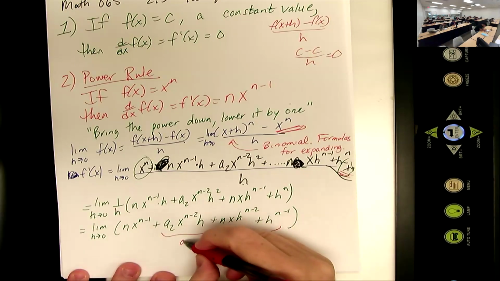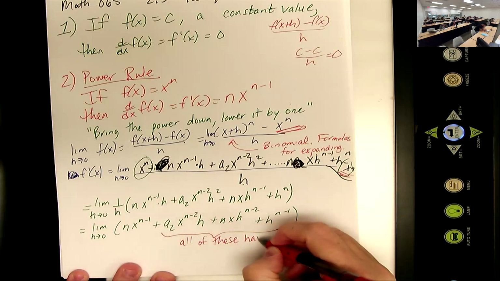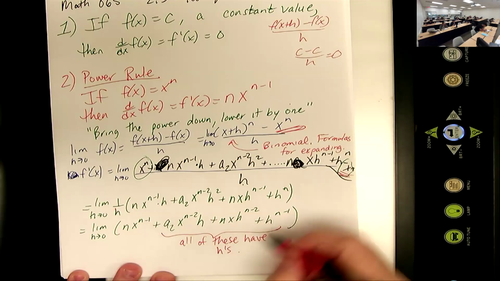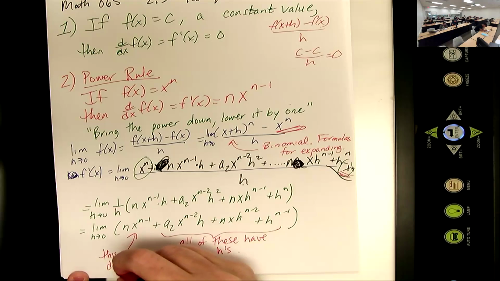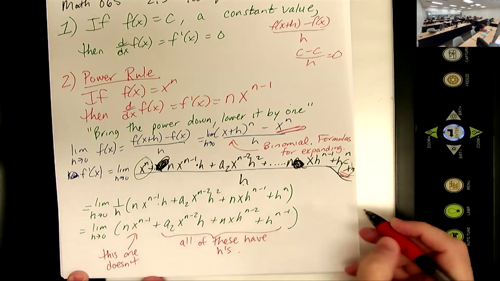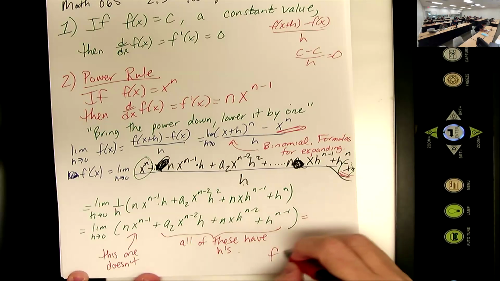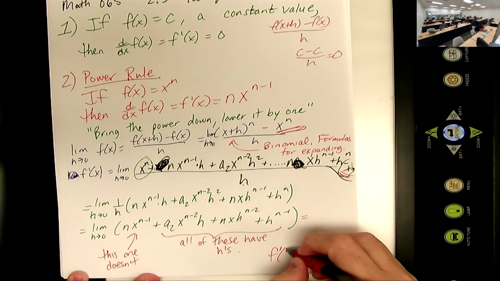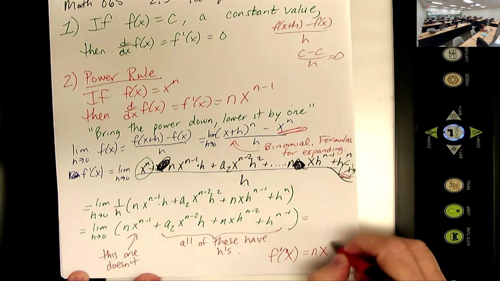All of these have h's in them. This one doesn't. And so that's the only one that's left. f prime of x equals n times x to the n minus 1.